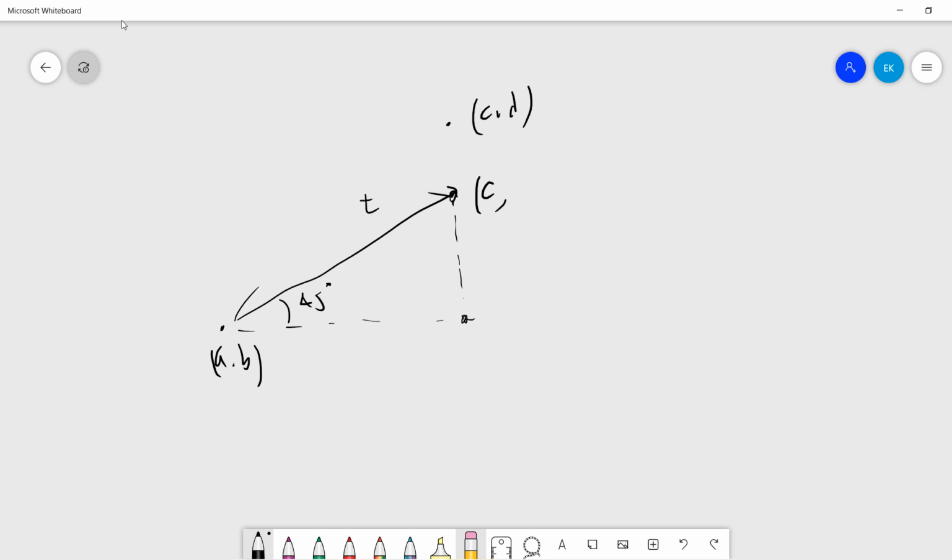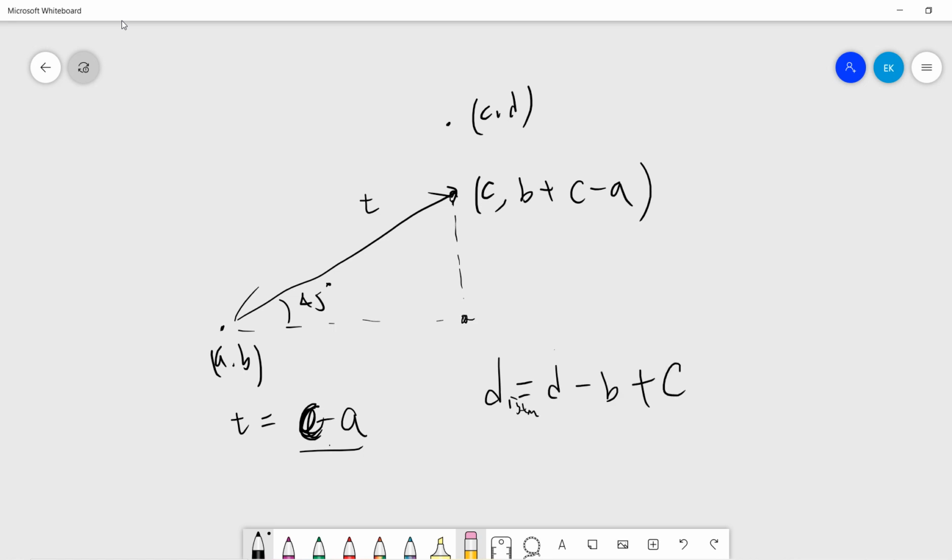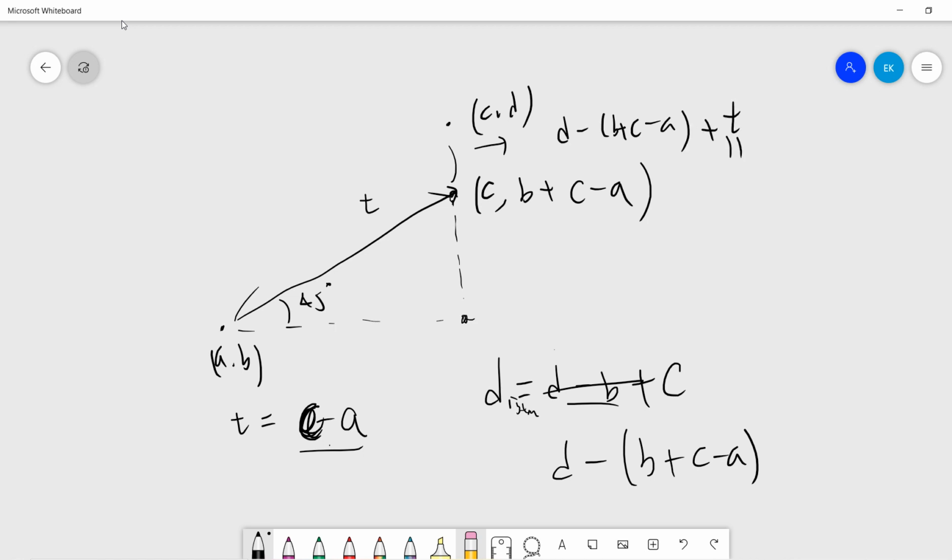Suppose I spend t steps, then t should equal c minus a. So the y coordinate is b plus c minus a. The remaining distance is d minus b plus c minus a, and adding the t, which is c minus a, we just get d minus b.